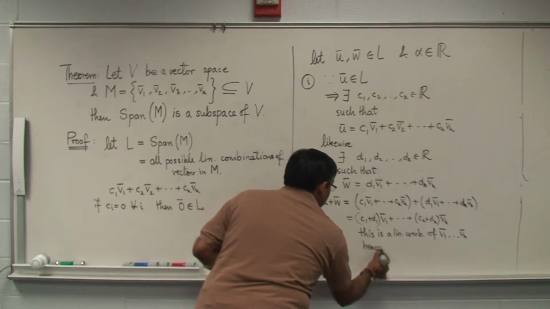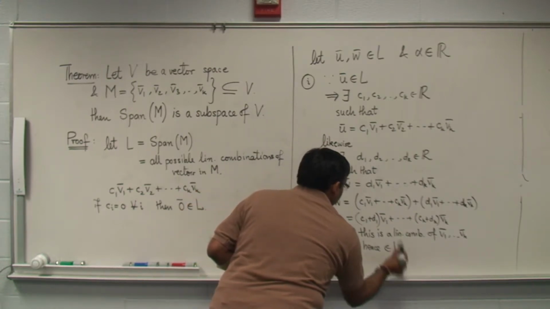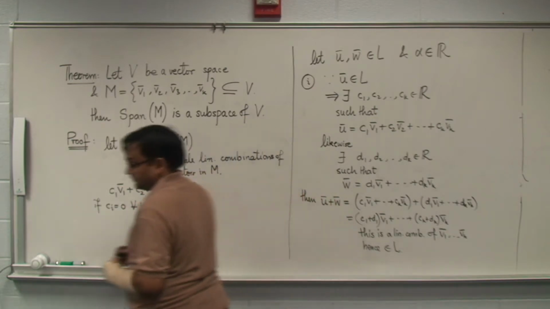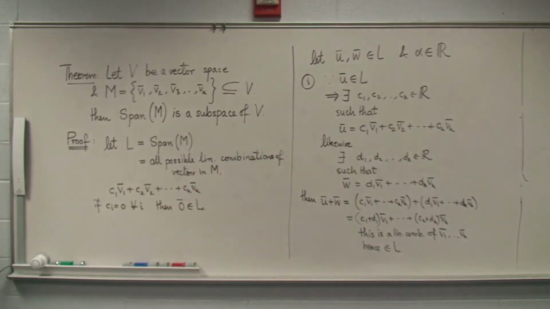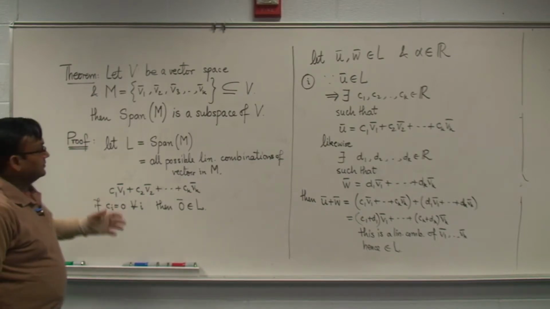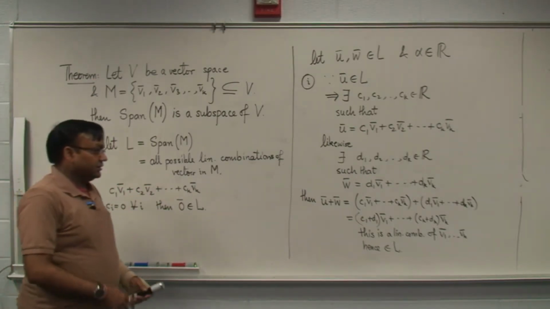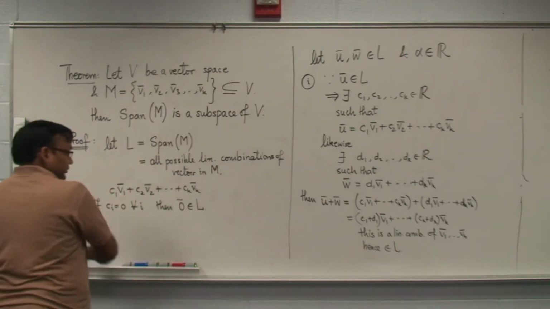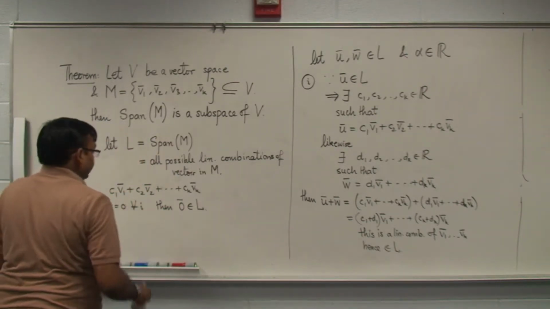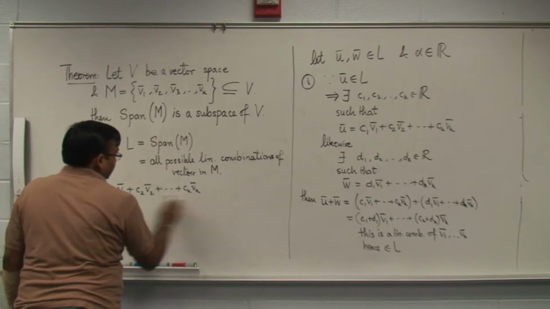Hence, this lives inside L. So we have shown that if you take two vectors in the span of M, their sum will also be a linear combination and hence belongs to the span of M.